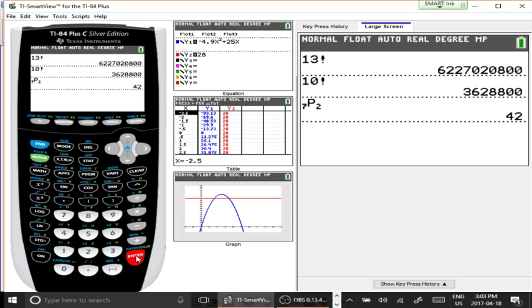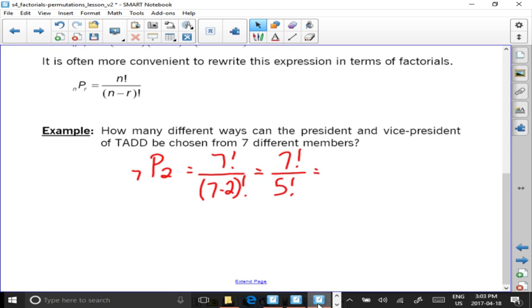So there is a permutation function on the graphing calculator. So the answer is 42.